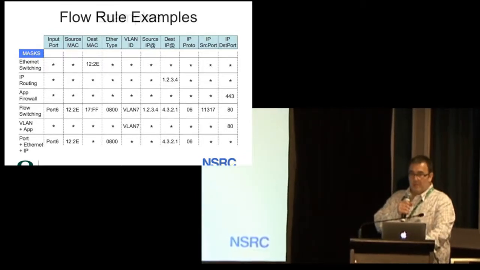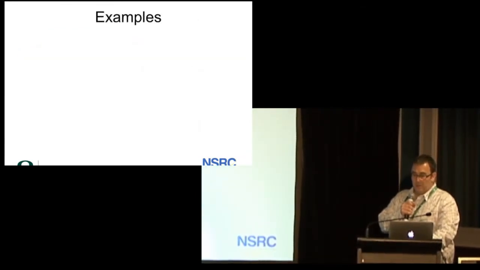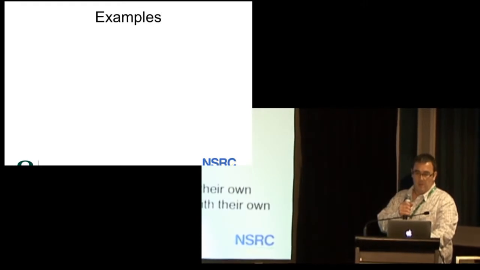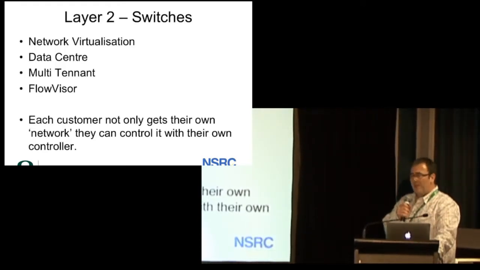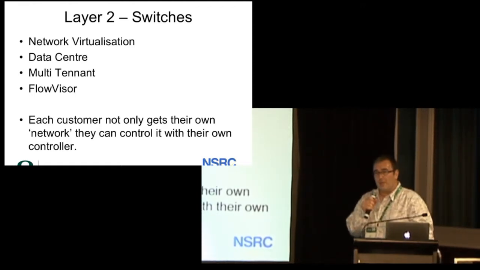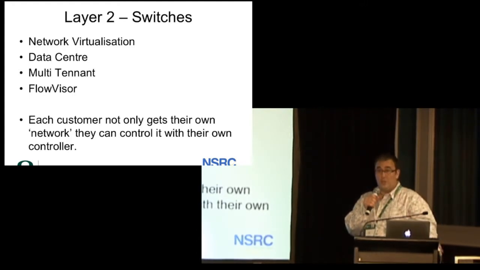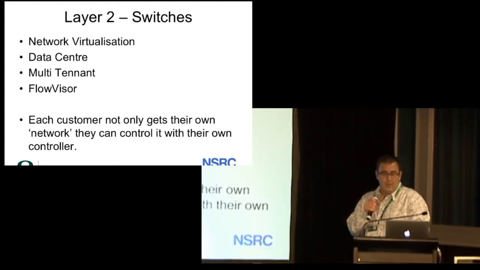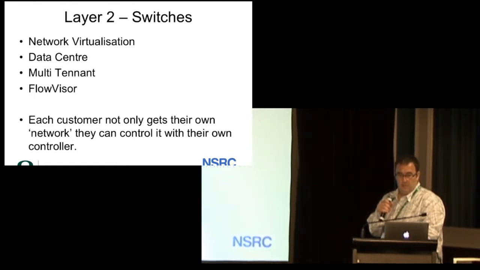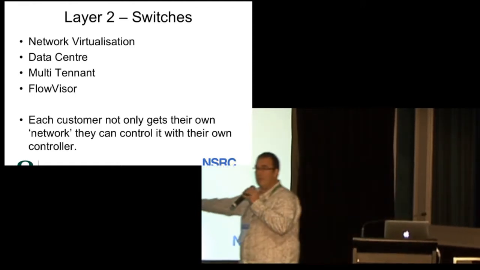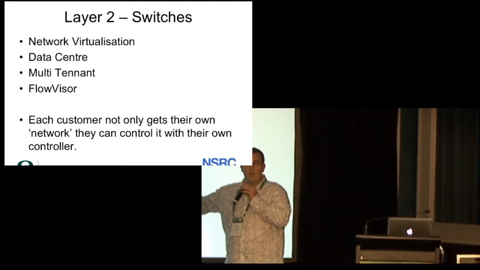So what are some examples about where we might want to use these sort of concepts? Layer 2-ish stuff, and I mean, once you start thinking about this, I really go away from the layers, and I'm starting to go away from the concept of switches and routers. It's really, really tempting to start calling these things switches, but they're kind of not.